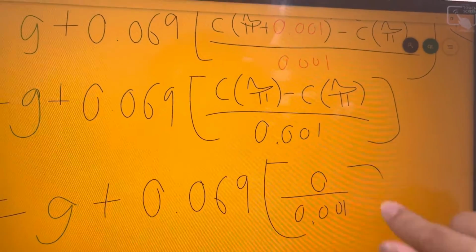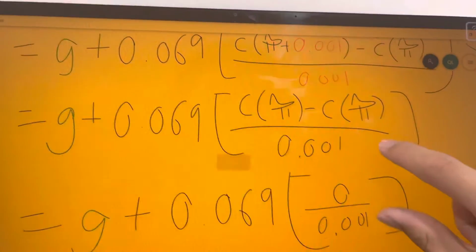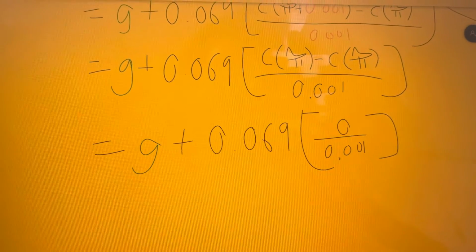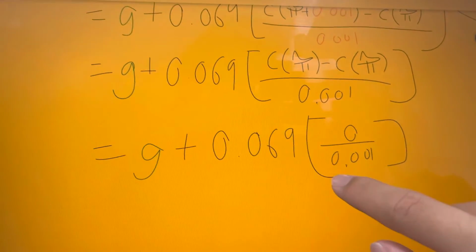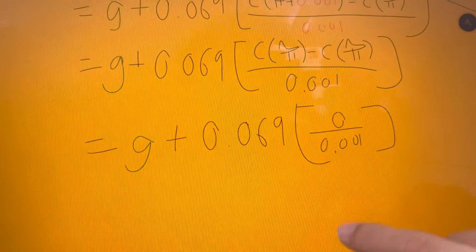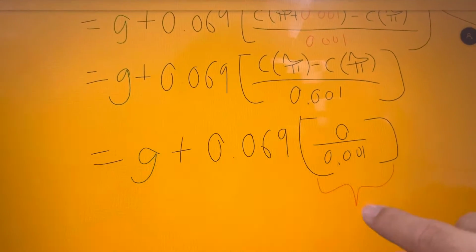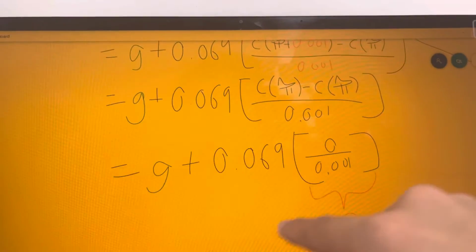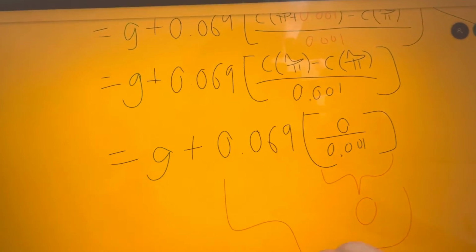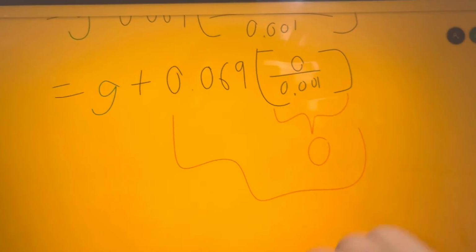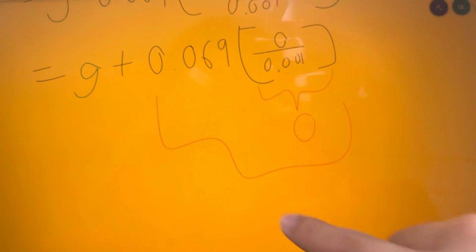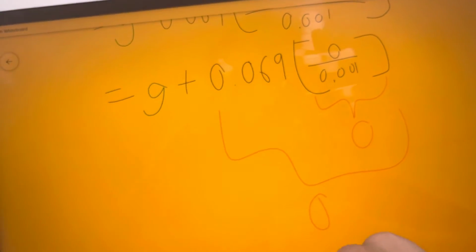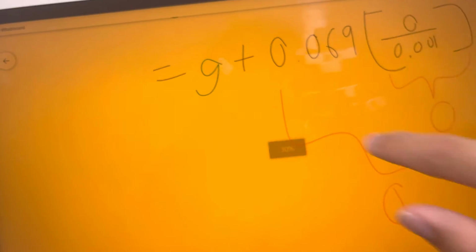And we know that 0 divided by anything is just 0. And we know that 0 multiplied by 0.069, all of this is just 0. So yeah, all of this is just 0.